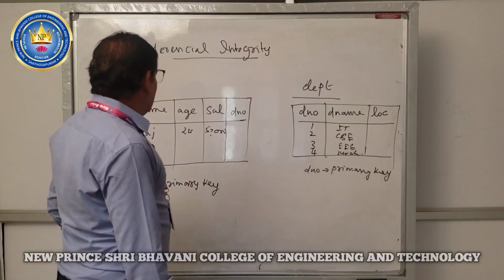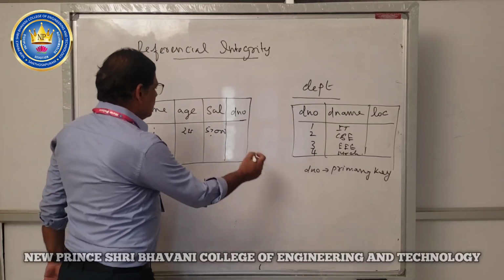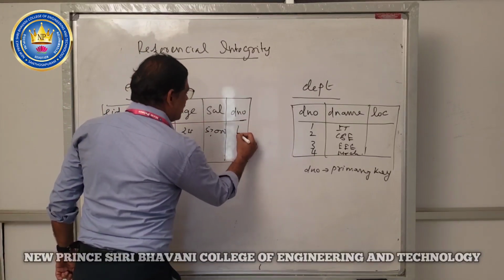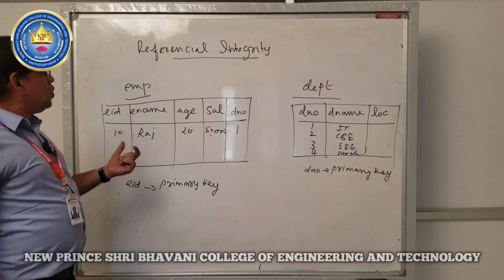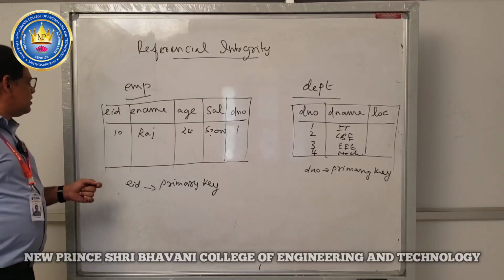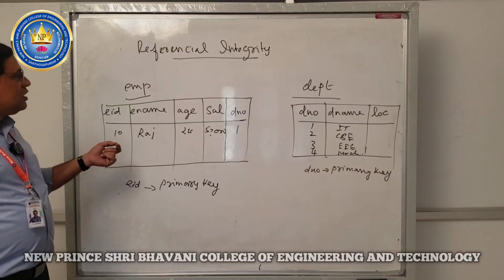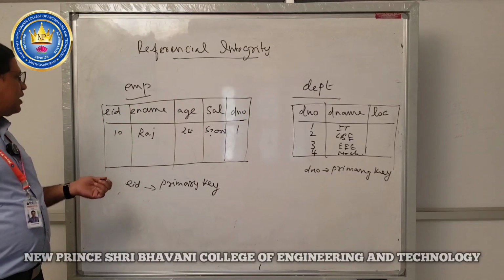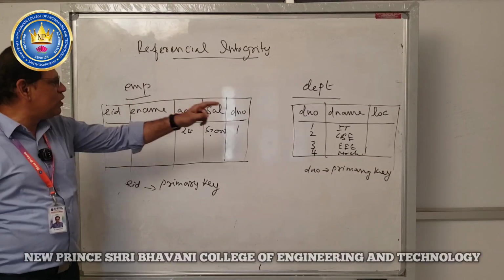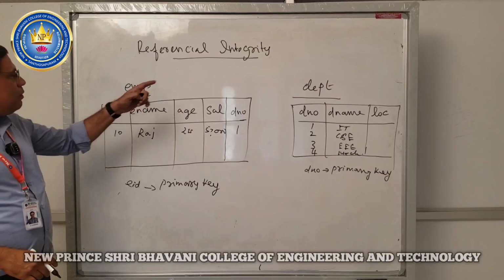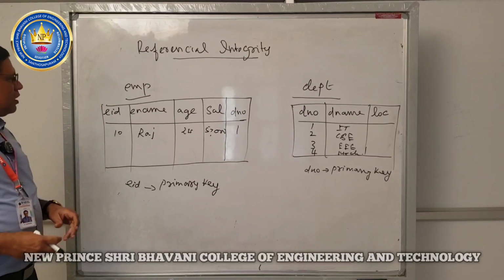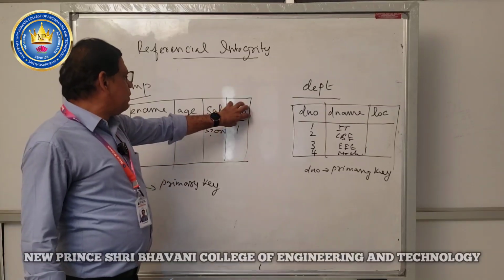Here, assume Raj is working in the IT department. If I want to find out in which department the employee Raj is working, I have to establish the relation between the employee table and the department table. For that, this field is going to help.